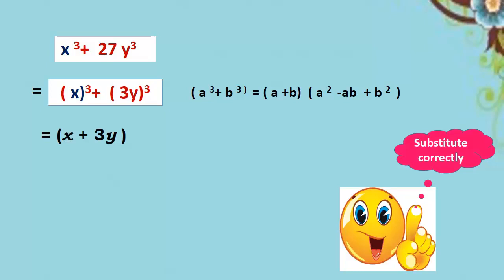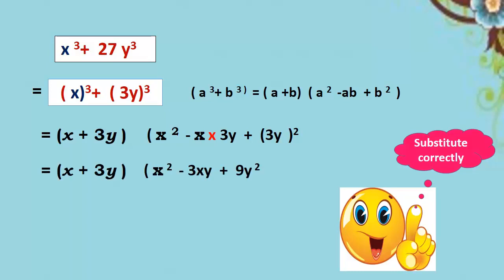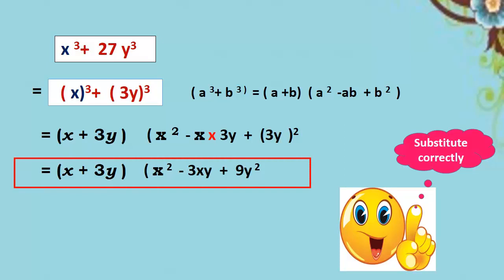Write down each term properly here. So x square, x plus 3y as it is. Now x into 3y will be 3xy and 3y the whole square will be 9y square, and this is our final answer. So it's very easy, children, but for the cube you need to remember the cube of every number as well as the cube root of the given number.